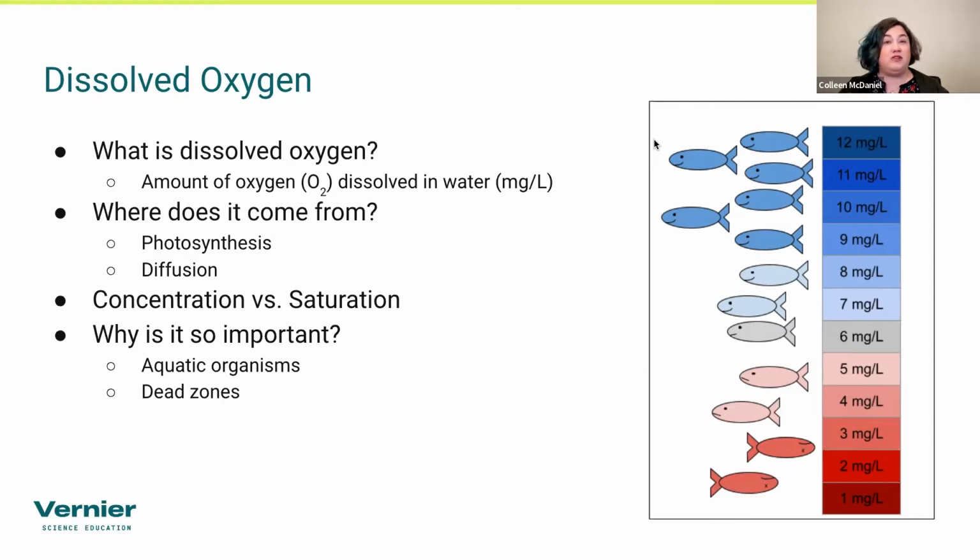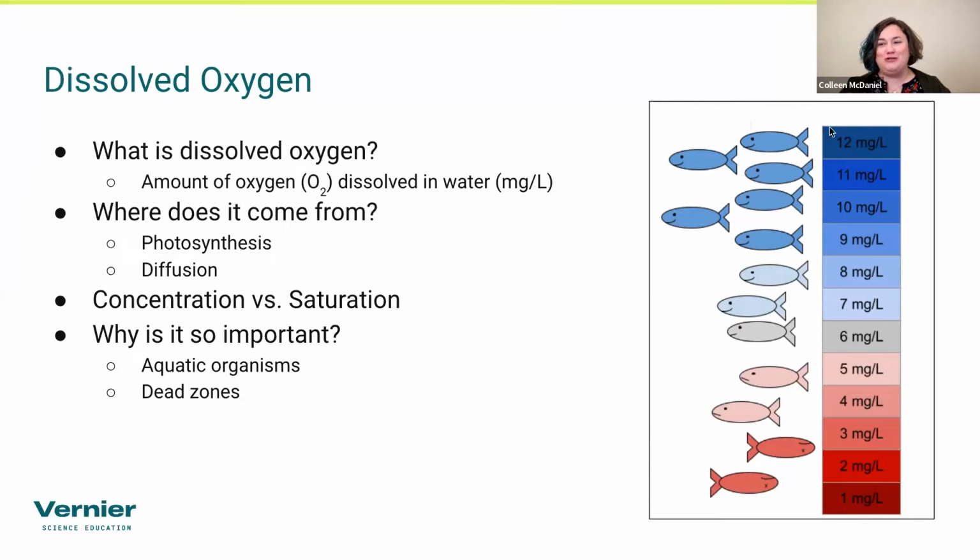And the same thing goes with a lot of other organisms too, that they're going to be taking in oxygen from the water through diffusion. And so if we don't have enough oxygen present in the water, organisms are not going to be able to survive.